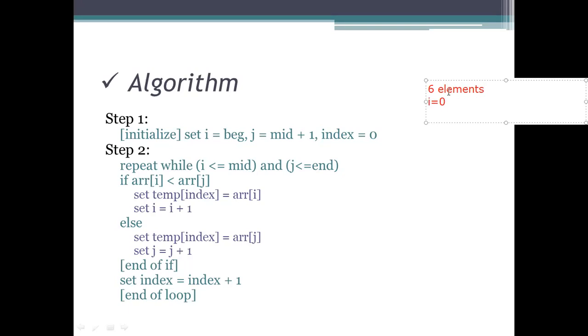The mid value is equal to 0 plus 6 divided by 2, which is equal to 3. So the mid value is 3. j is equal to mid plus 1, which is 3 plus 1, so 4. And the index value we are providing is equal to 0.